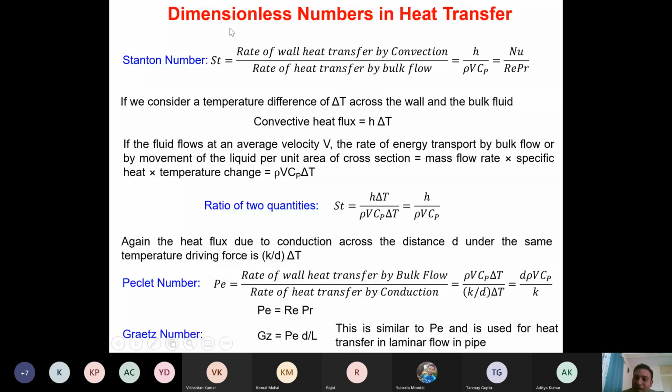Again, if you look at the flow of liquid metal, there this combined factor of Reynolds number and Prandtl number is more important rather than looking at Reynolds number and Prandtl number separately. Why?